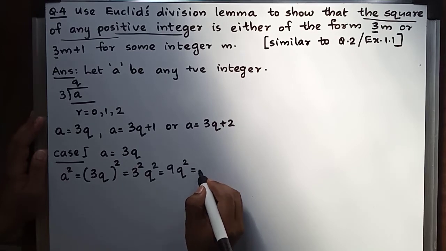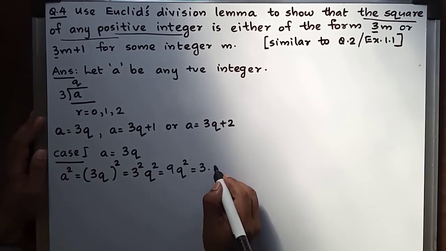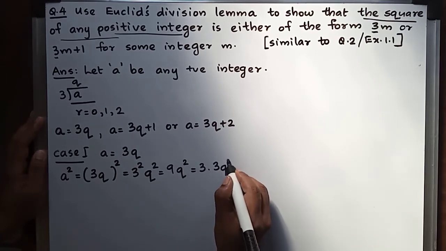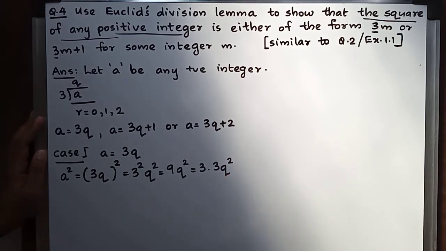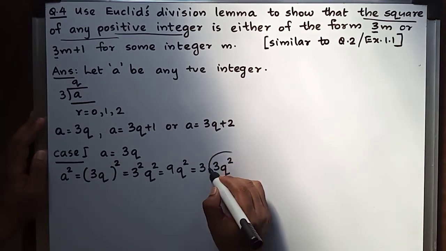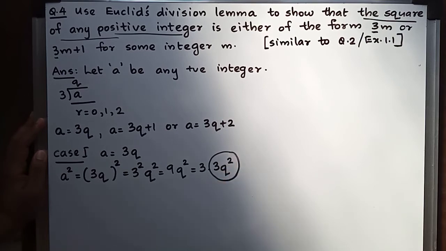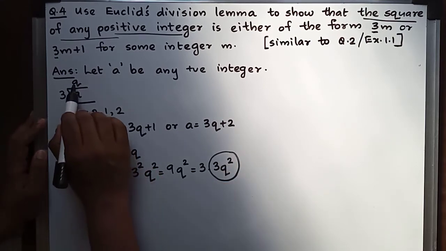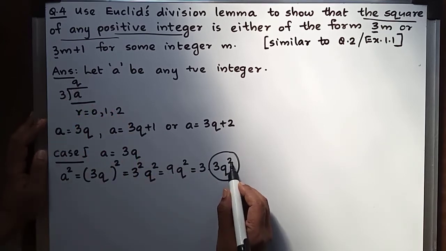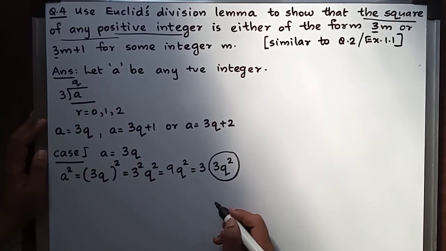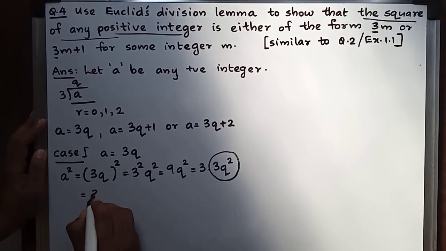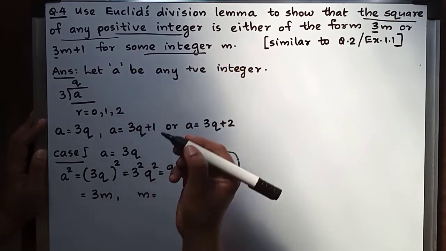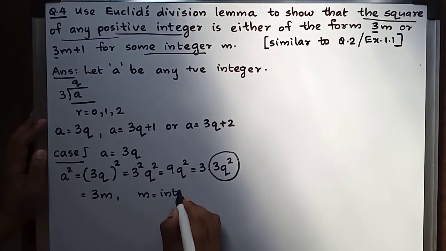And 9 is a multiple of 3, right? So 3 into 3q square. 3q square is an integer, right? q is the quotient here. So q square into 3 is another integer. So we can take it as 3m, where m is some integer.